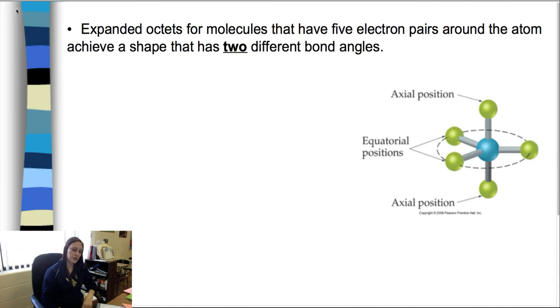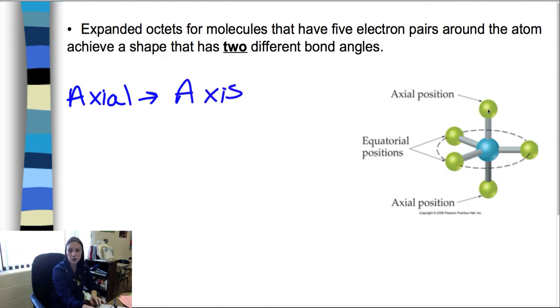Well, we didn't talk about this part last year, which is the expanded octets for molecules that have 2 possible bond angles, and they have certain names to them. Okay, we have what we call axial positions and equatorial positions. So they are named according to where they are. An axial position means that it is along the axis. Okay, so these are the top and bottom of this trigonal bipyramidal.